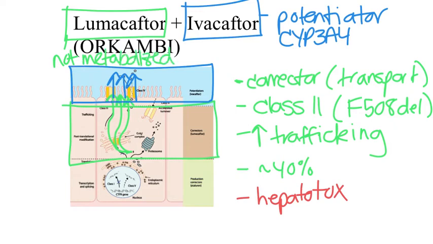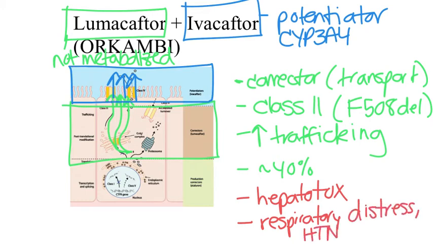Some additional adverse effects associated with the use of Orkambi include the possibility for respiratory distress, hypertension, and cataracts. The half-life of lumacaftor is a bit longer at around 25 hours, but the lumacaftor-ivacaftor combination is still dosed twice a day, approximately every 12 hours.